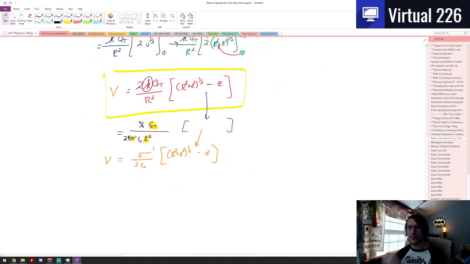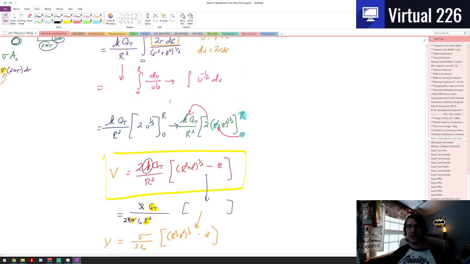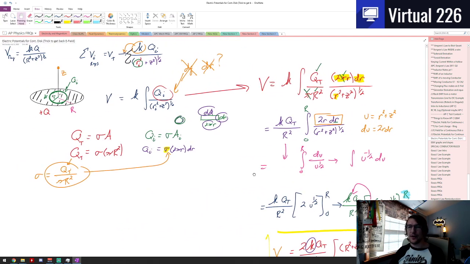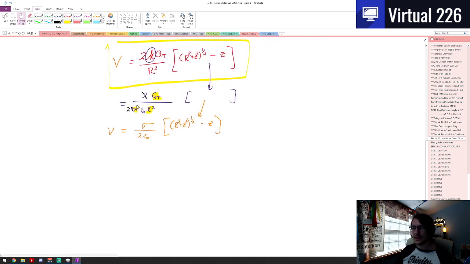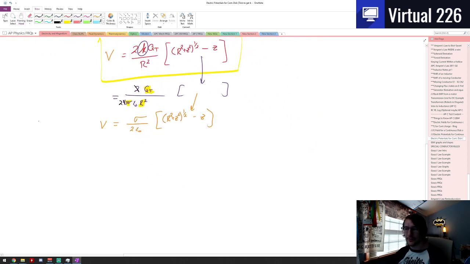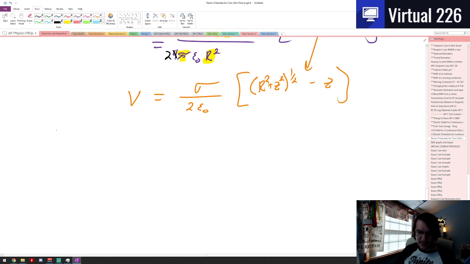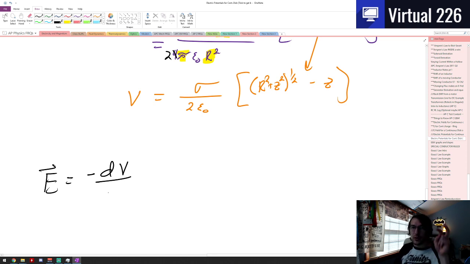The other really cool thing you can do is, if you found finding the voltage at a point in space easier than thinking about the charge distribution for an electric field, you can actually get the electric field from this. If you recall, we know that the electric field is equal to the negative derivative of the voltage with respect to some radial distance.